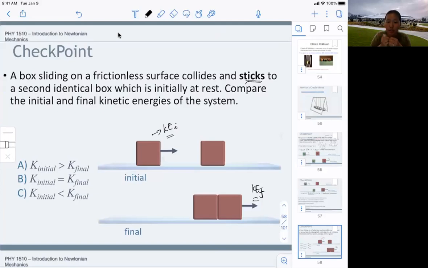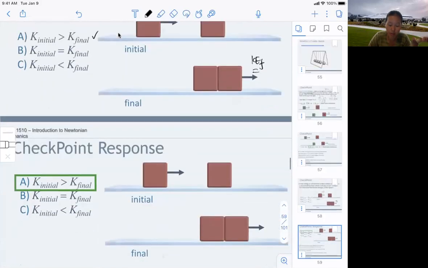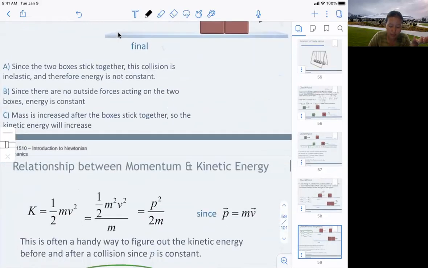So there will be some heat generated, or if you have some damage to the block, that is also part of where the energy goes. Right, so we have lost some of the kinetic energy during collision to heat. So whenever you see something sticks, that is an inelastic collision, and your kinetic energy final is going to be smaller. Okay.